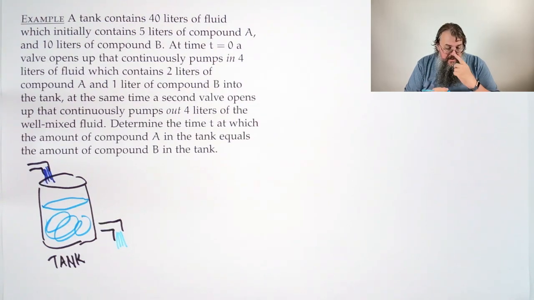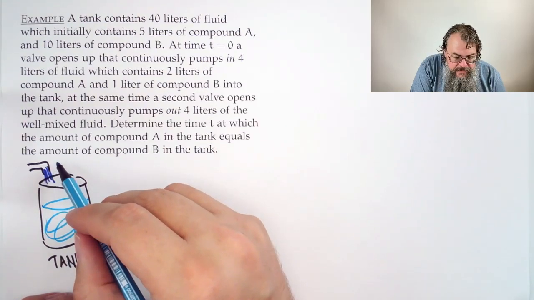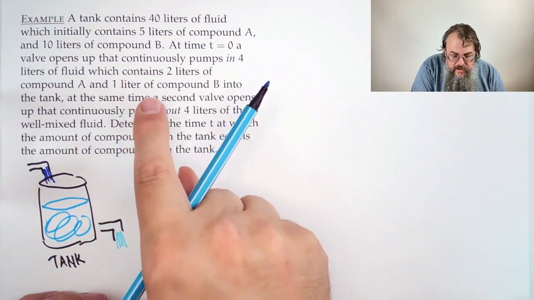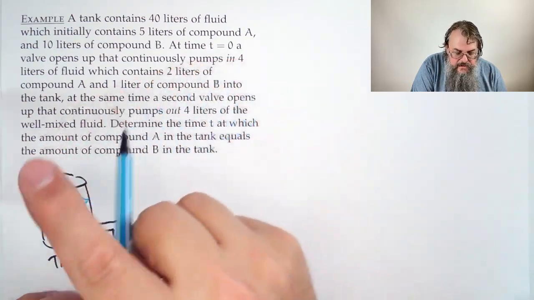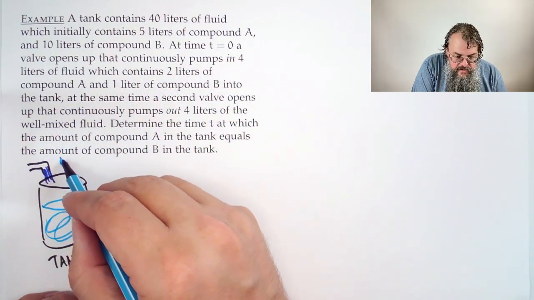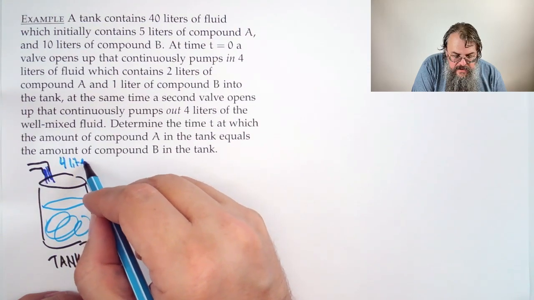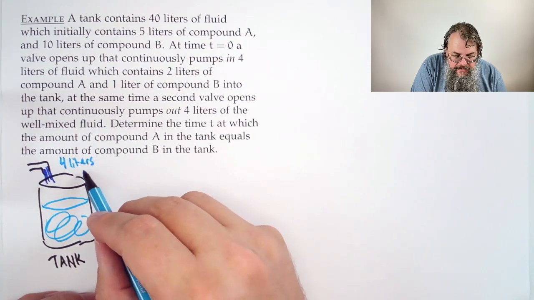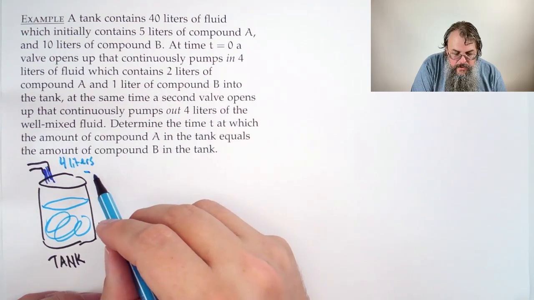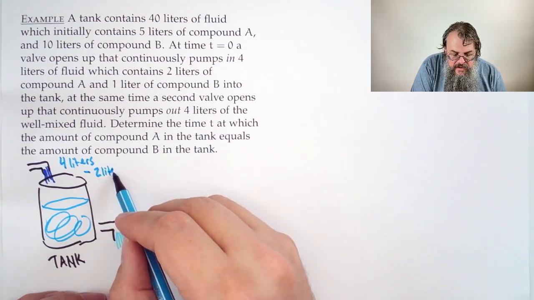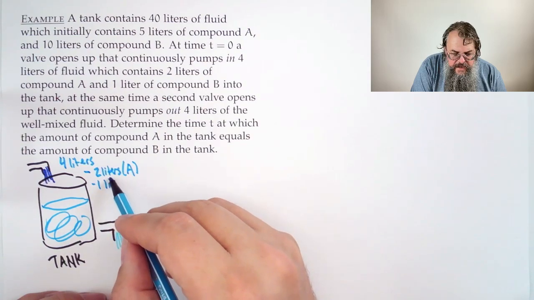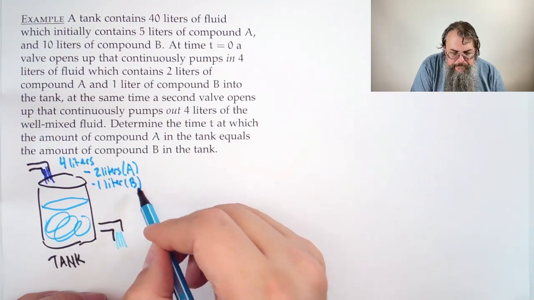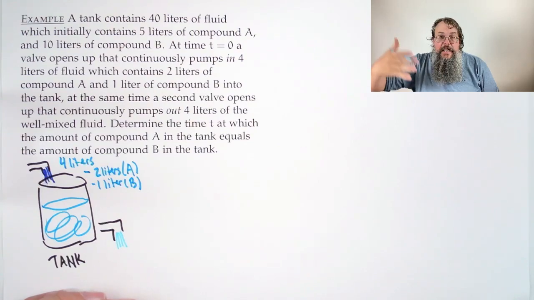Now let's talk about what's happening. First off, what's happening with our inflow? We are going to pump in 4 liters of fluid. Of that 4 liters, 2 liters is A, and 1 liter is B. So that's our in.